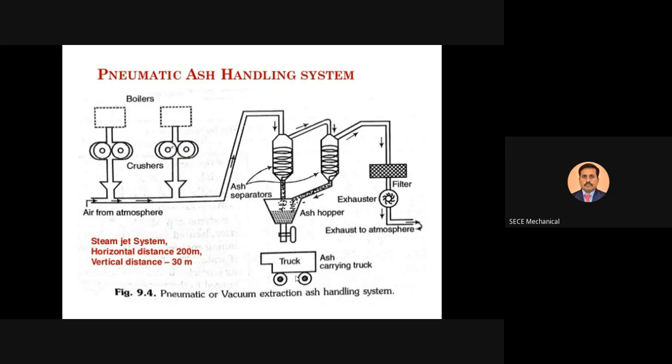So with the help of air and steam jet, that goes to your crusher area. With the help of that air pressure and steam, the fly ash particles and ash go to this ash separator.